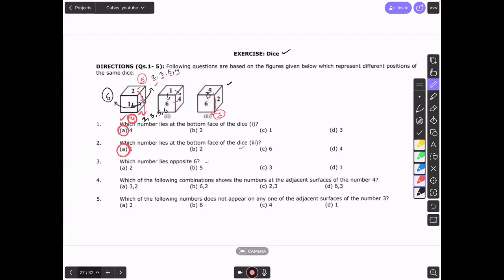Which number lies opposite to 6? Opposite to 6 is 3. Option number C. Can you tell me the option answer for 4? Which of the combination shows the number adjacent to 4?